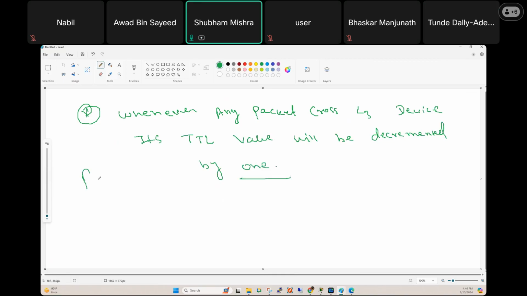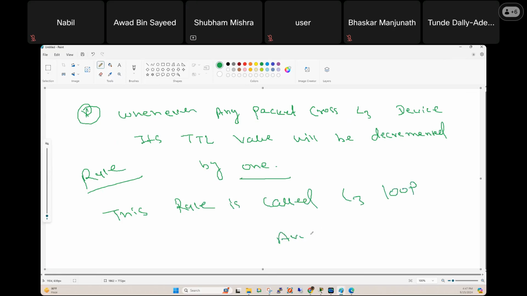This is the rule. And this rule is called layer 3 loop avoidance. Done.